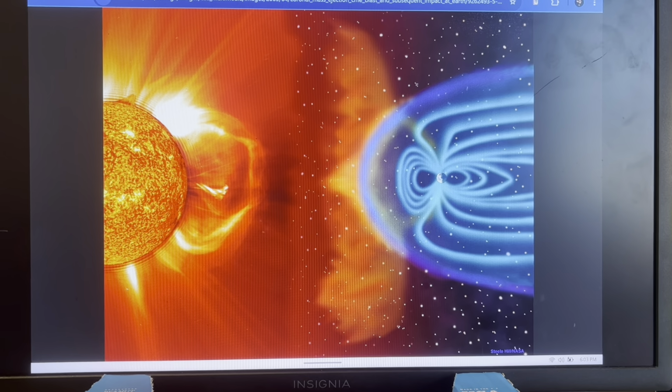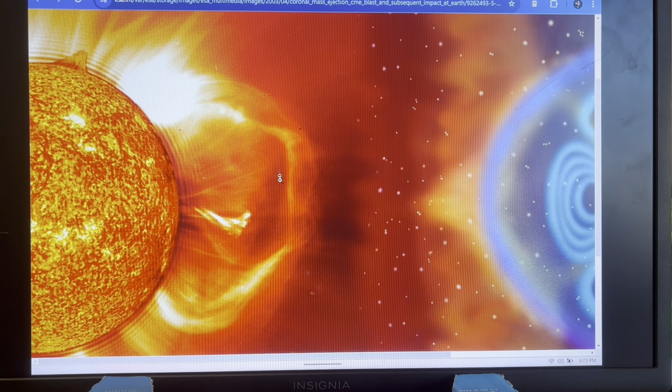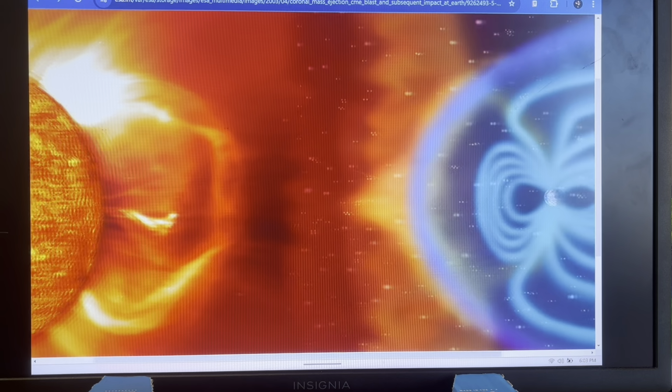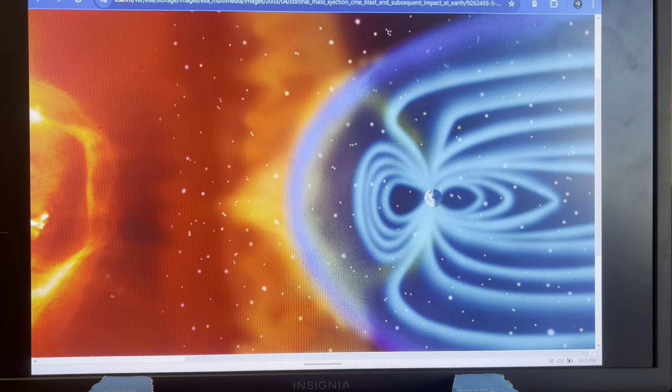So, as you can see with the diagram right here, there's been a coronal mass ejection right here, and this little wave right there, that is all the particles being sent. And right here, this is the magnetic field of the Earth, right?